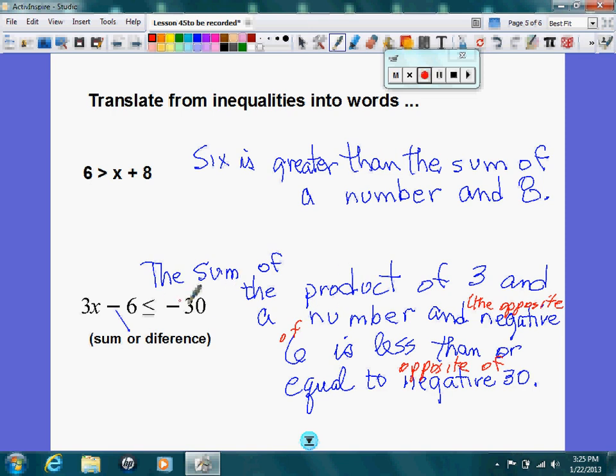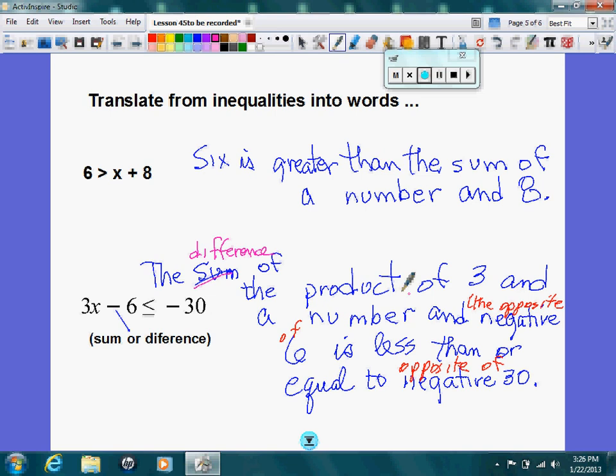Now, what if this had been a difference? Well, then we would have changed this term, this word, to, let's see if I can get the color. Change the sum. Whoops, let's get a different color. Let's get purple. Sum. We could change that to difference of the product of 3 and a number and the opposite or negative 6.